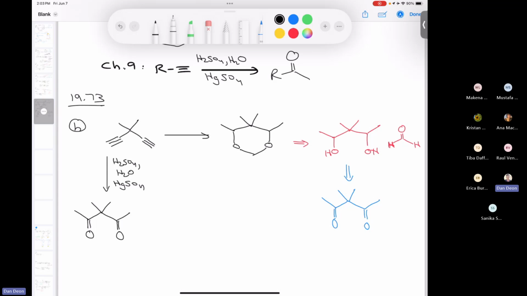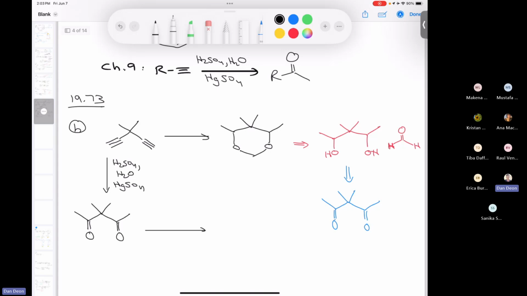Now we can reduce that with excess lithium aluminum hydride, or we could use sodium borohydride. Let's just use excess lithium aluminum hydride as step 1. Step 2, we'll put H3O+. That's going to give us the diol, like that.